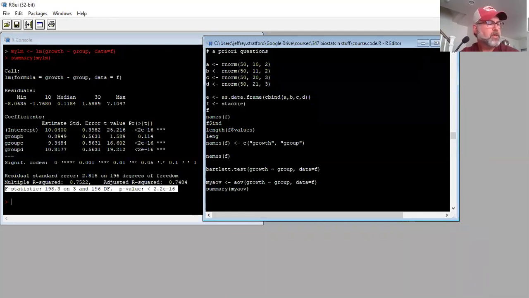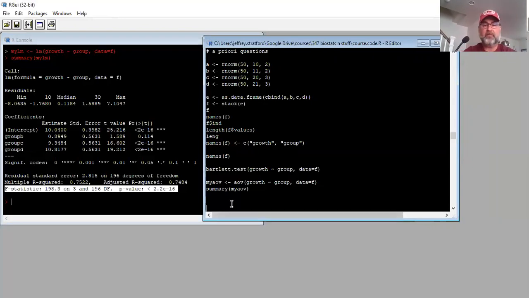So let's do this. We're going to use a function called relevel. And what relevel does is if you want a different group to serve as your baseline, it'll do that. So let's say we used A, B, C, D, but D's our control, and we want that as our baseline.